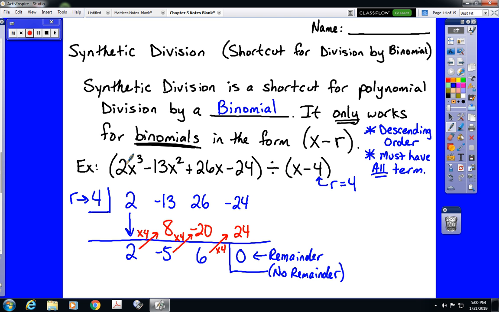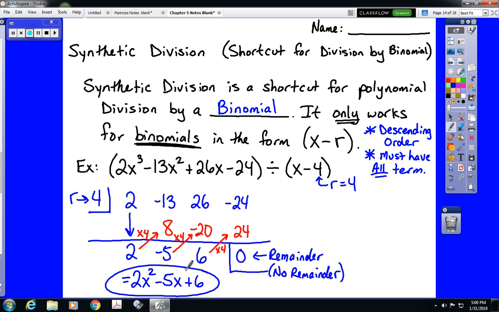So 1 degree less than x cubed would be x squared, which means the 2 is the coefficient attached to x squared, 2x squared. The negative 5 would be attached to an x to the first power, and the 6 would be the numeric term. So our answer here is 2x squared minus 5x plus 6.